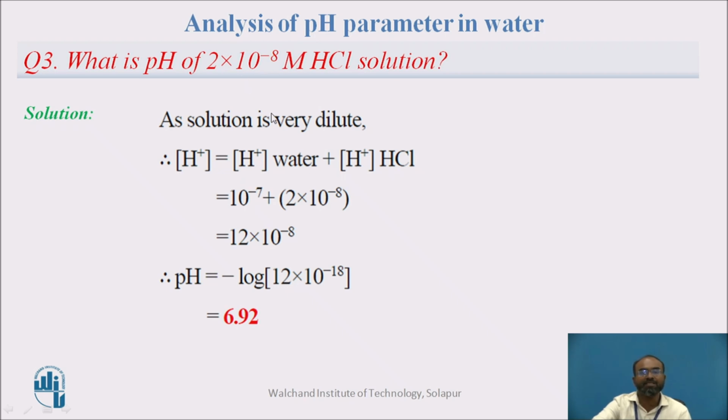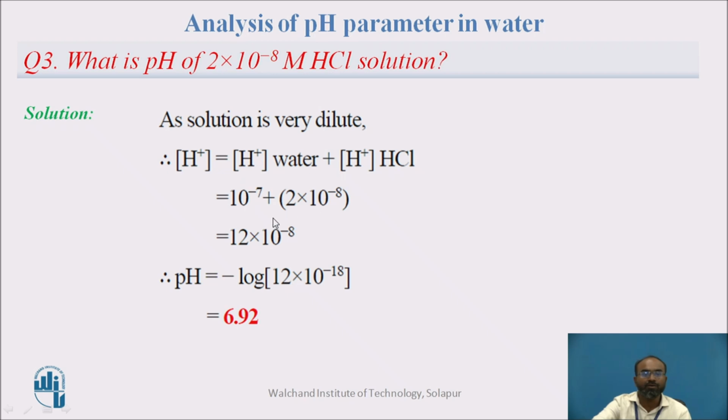So the effect of the H plus ion concentration of water would also be added into the pH. The H plus ion concentration of water for a neutral pH is generally 7, so in concentration it forms 10 raised to minus 7, plus 2 times 10 raised to minus 8. So I am keeping it the same, 2 times 10 raised to minus 8.